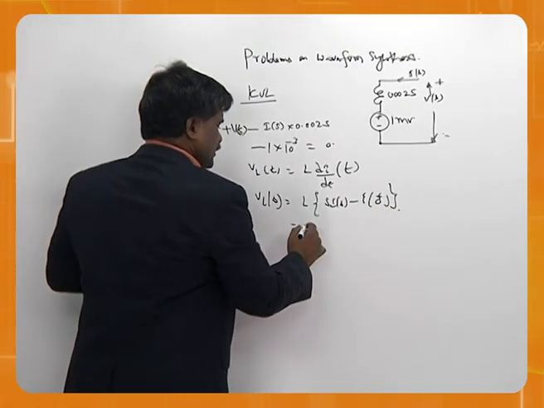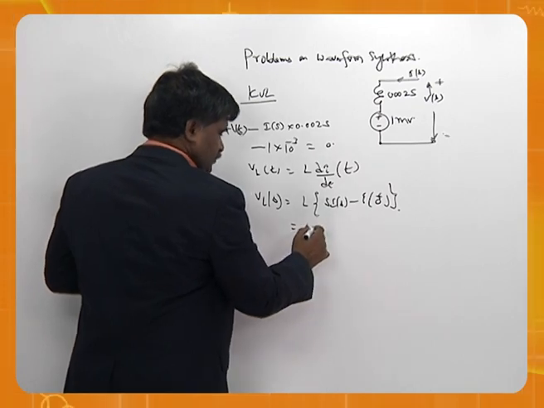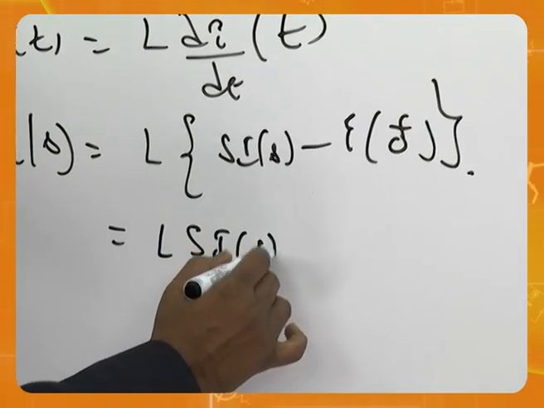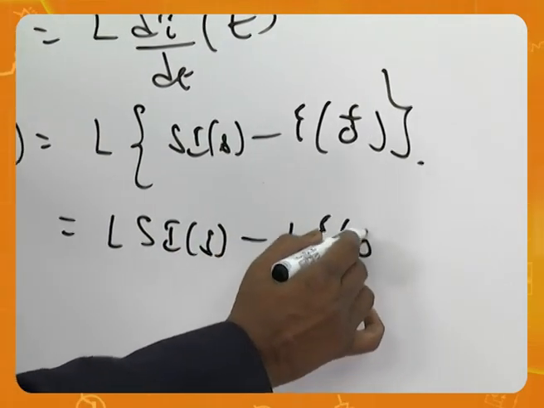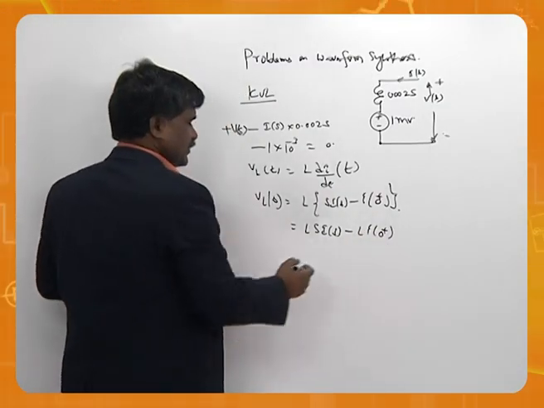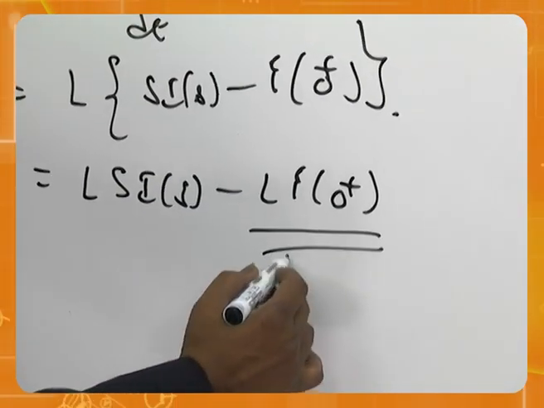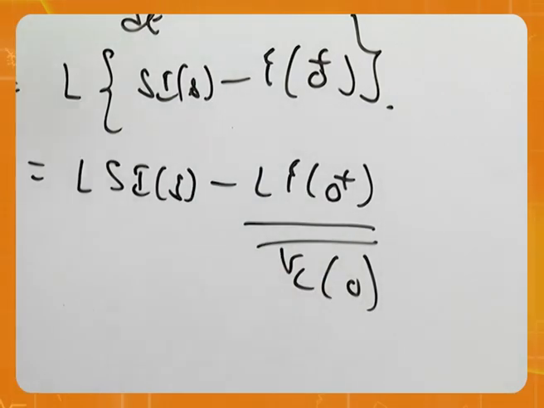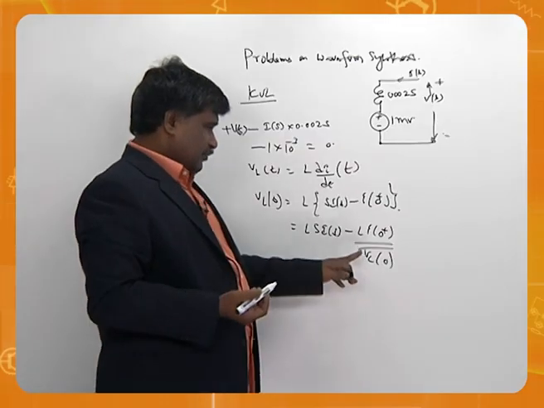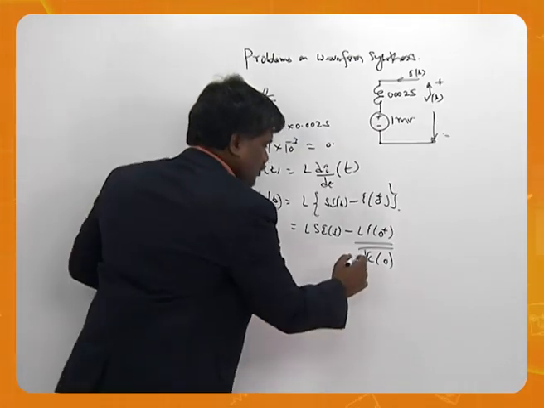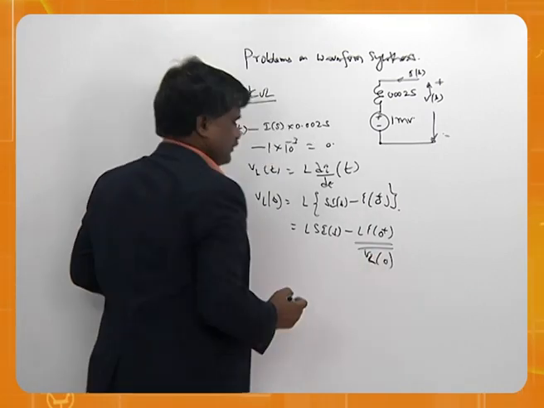This you can say is L into S I of S minus L into I of 0 plus. So this is the initial value due to the inductor.